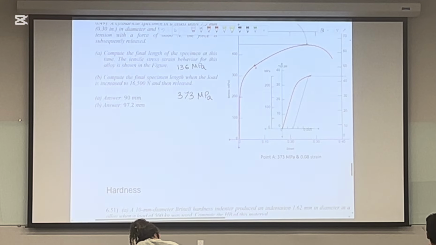But there's a slight difference here from the first part.